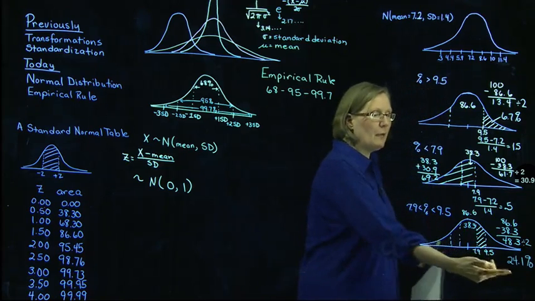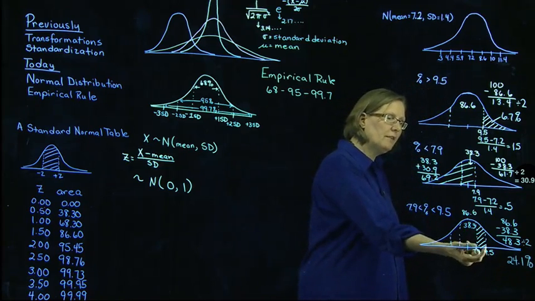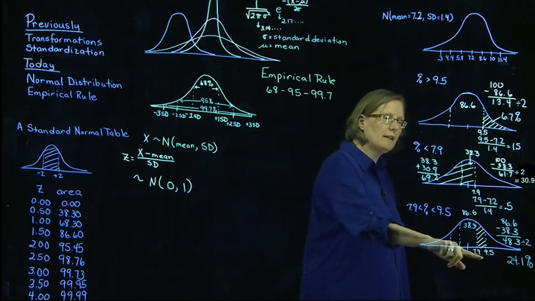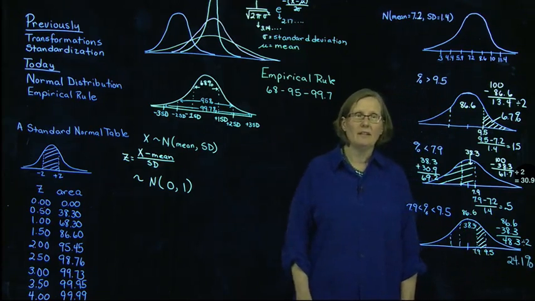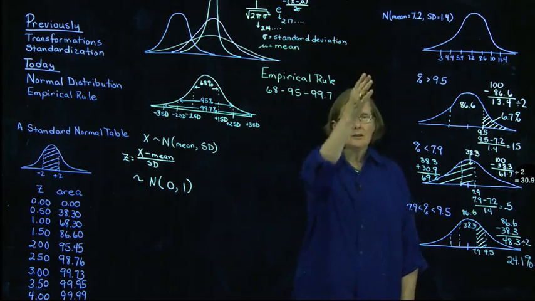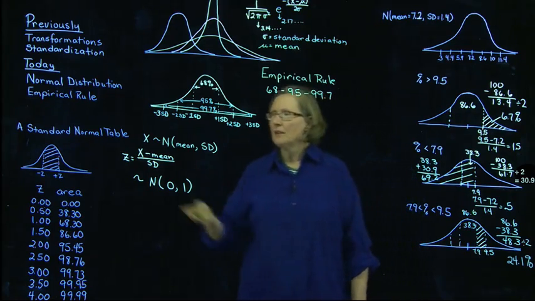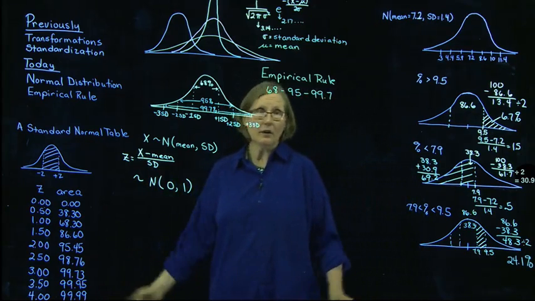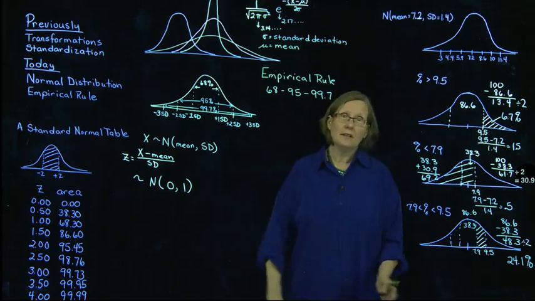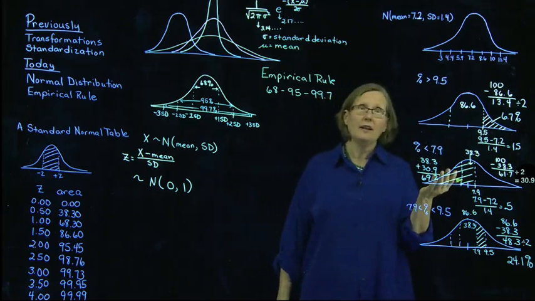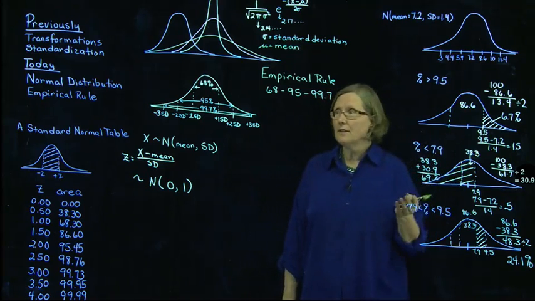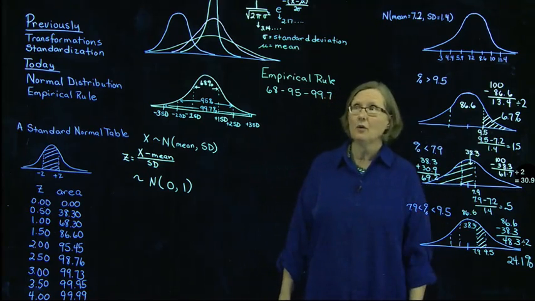We'd estimate that about 24.1% of our babies had birth weights between 7.9 and 9.5. Now these are just 3 simple examples. If you have a full normal table or a calculator or computer, you can calculate these percentiles for any normal distribution simply using standardization and a standard normal table.